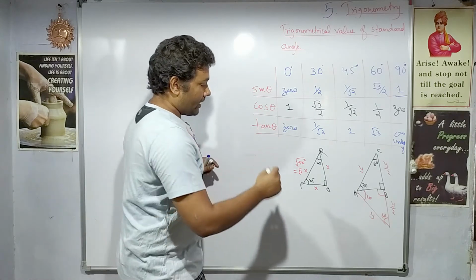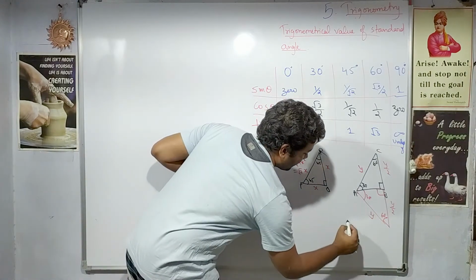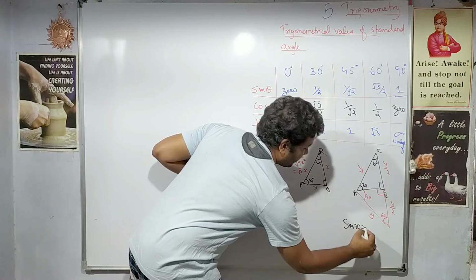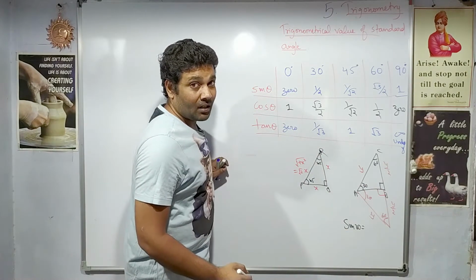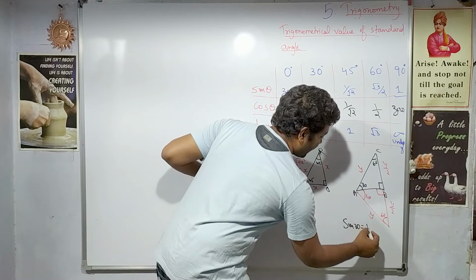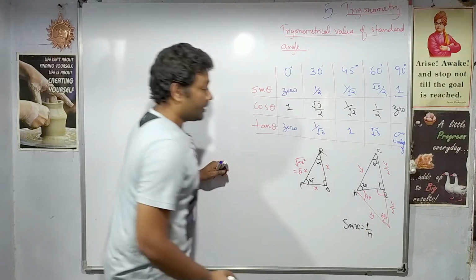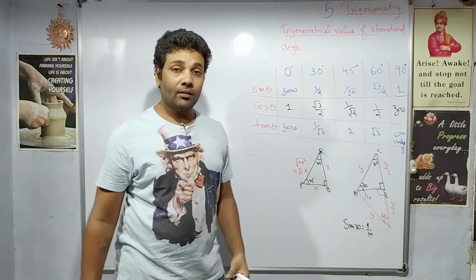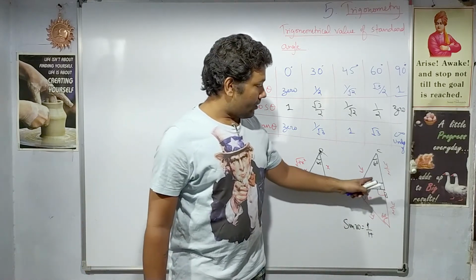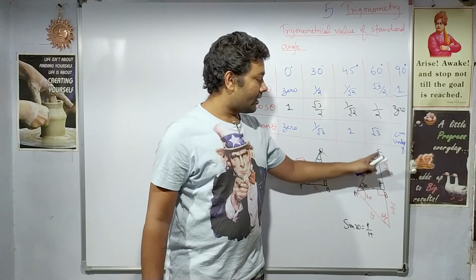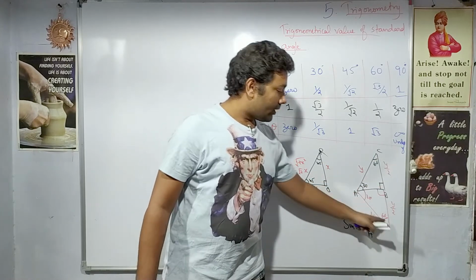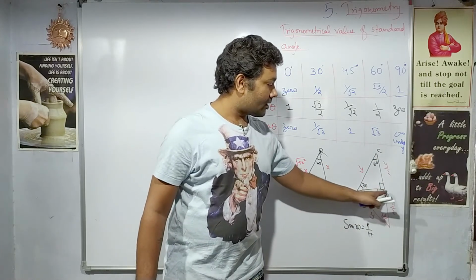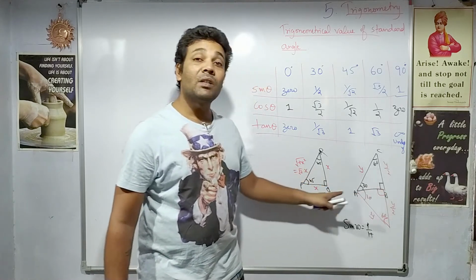Sine 30. Let us find out sine 30. What is the formula for sine? Perpendicular upon hypotenuse, right? So where is the 30 degree? Either you take this 30 or this 30. Now in this triangle, we can take either this right angle triangle or the other right angle triangle. This part AB, its value is missing.